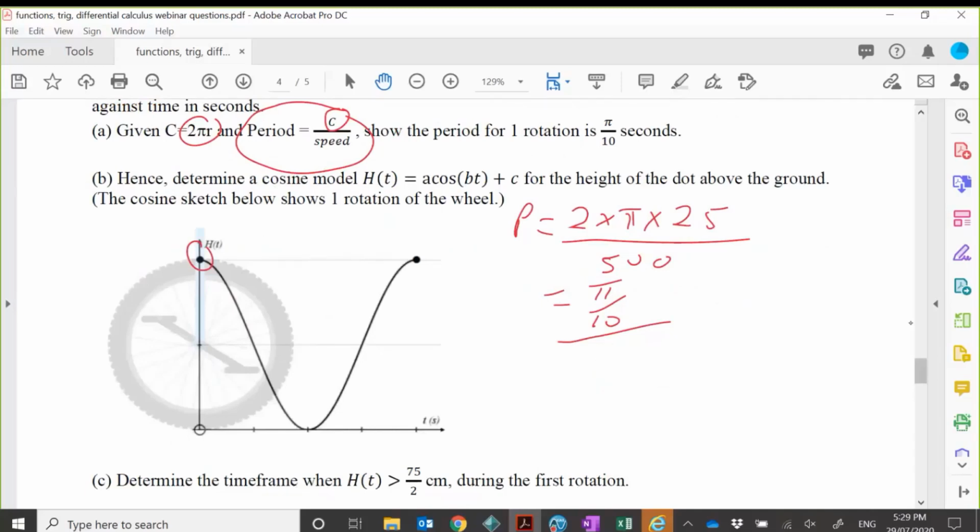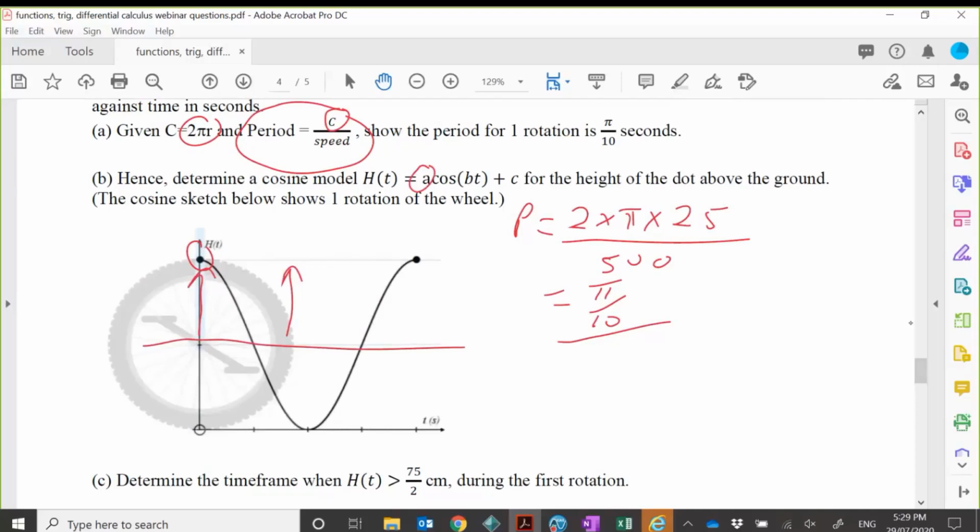and we know what the amplitude is. The amplitude is going to be the distance that's measured from the centre of oscillation of that graph. And the amplitude is just the radius of the tire. So our amplitude is actually going to be 25.